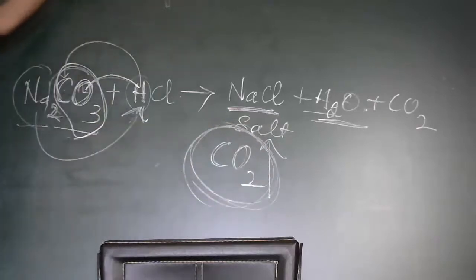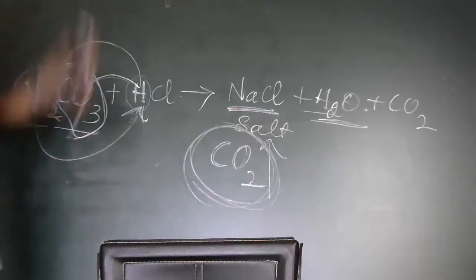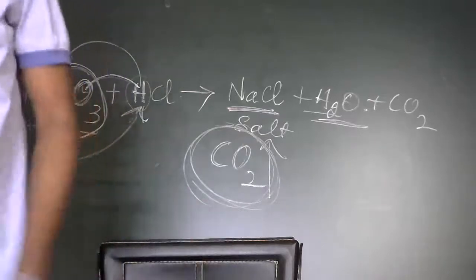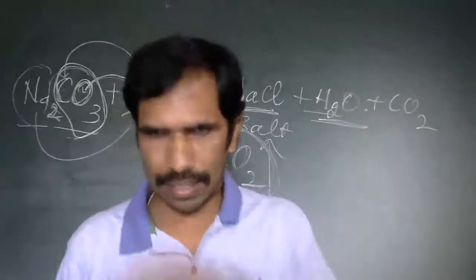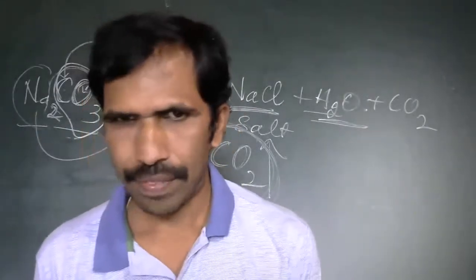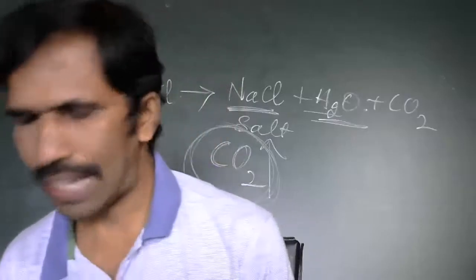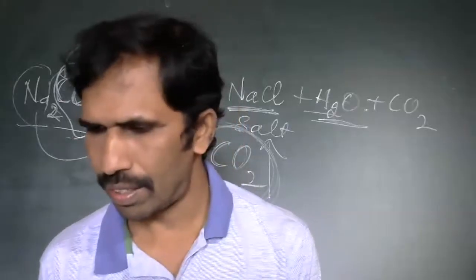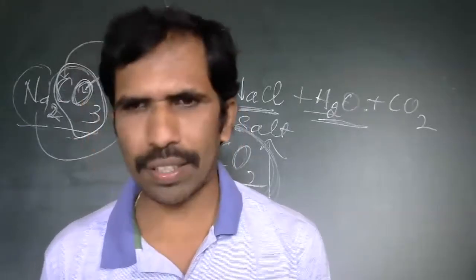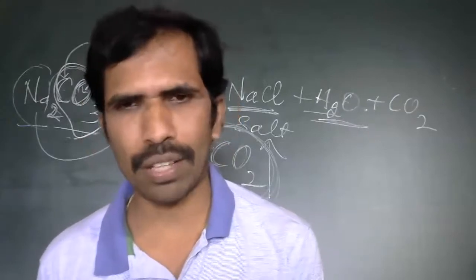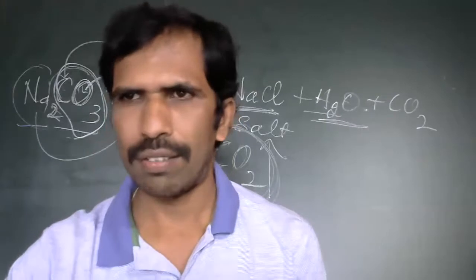You can see this in activity number 2.5. Take the textbook and go to activity 2.5. They have taken a stand, a test tube, or a boiling tube, and a two-hole rubber cork.